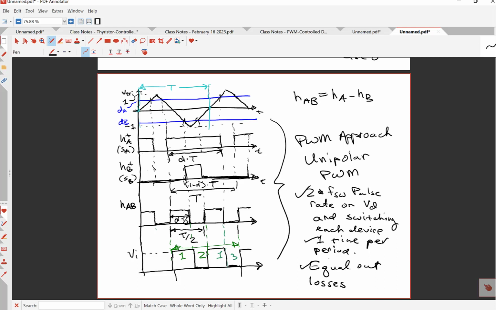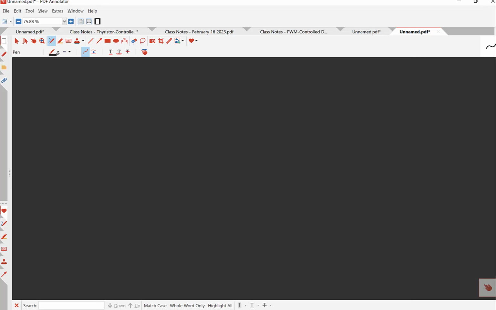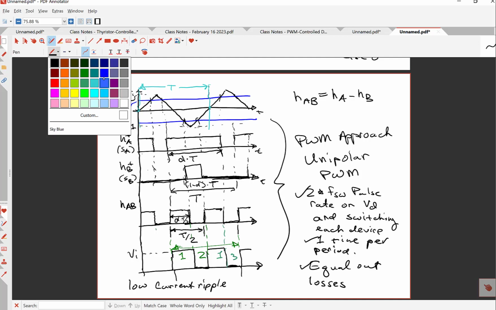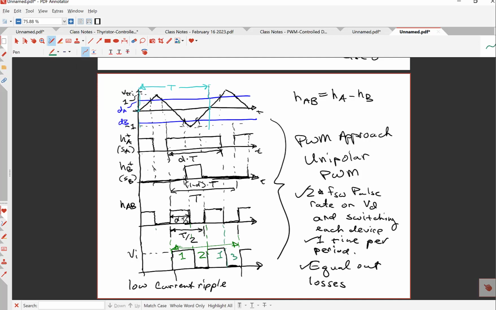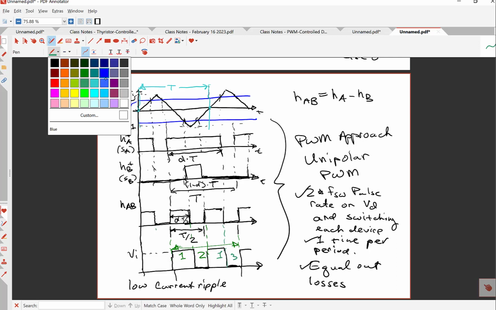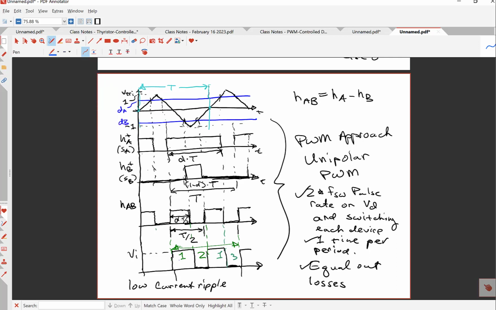It's going to do two things. It's going to give us a low current ripple, because essentially there will be a corresponding armature current when you're in this state 1.